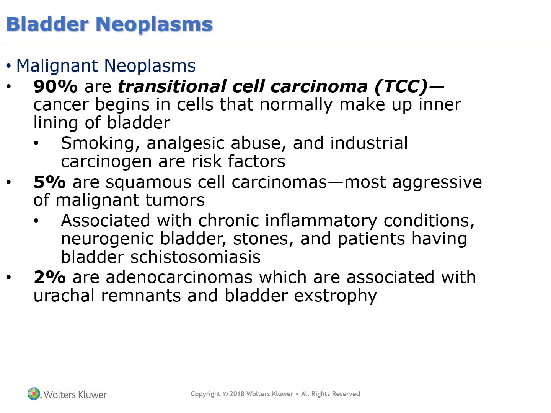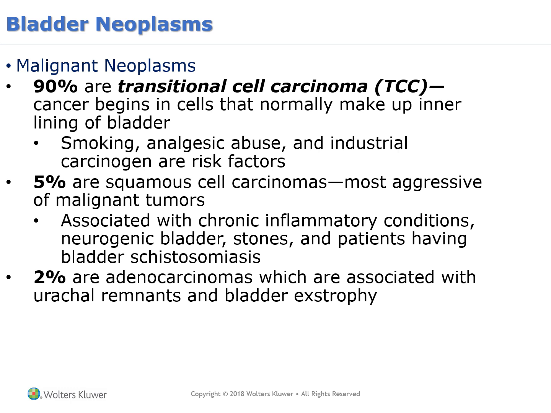So things like smoking, analgesic abuse, which an analgesic is a fancy term for like the use of Tylenol, and exposure to industrial carcinogens. Think about the nicotine or the analgesics or whatever you've been exposed to sitting in that bladder, irritating the cells. That's what's going to really trigger them to become undifferentiated and lead to these cancers.